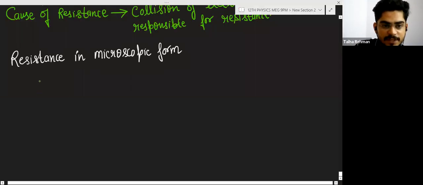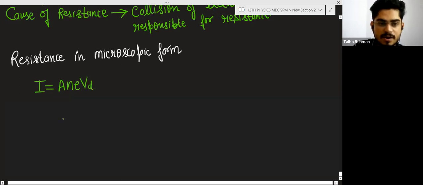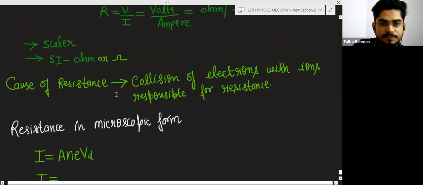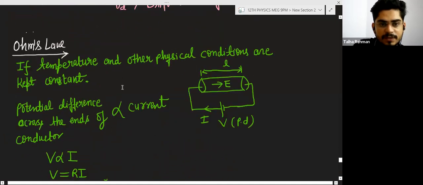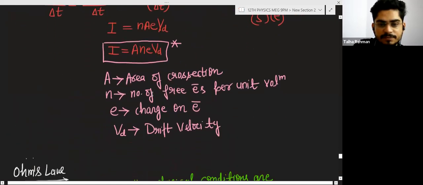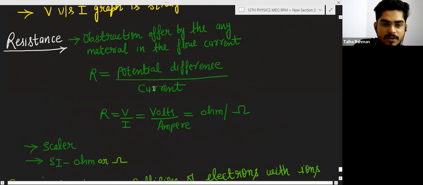We have just discussed that current is equal to A n e times the drift velocity. We have derived this relation earlier: I is equal to A n e v_d, where v_d is the drift velocity.